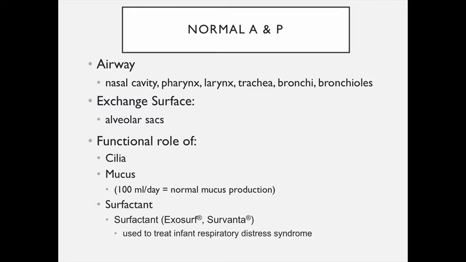So there's 2 scenarios in which surfactant production can be an issue. One is at childbirth, especially premature babies. Babies that are born prematurely are oftentimes deficient in surfactant. And the reason for that, which makes good sense if you think about it, is that the respiratory tract is the last of the organ systems to develop.